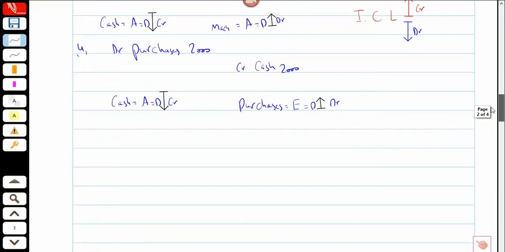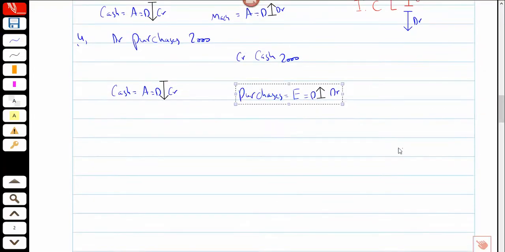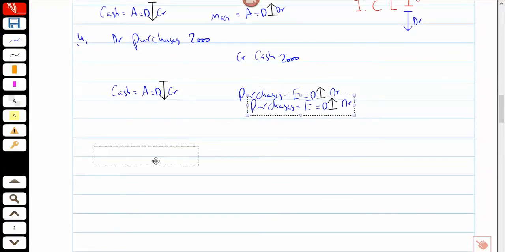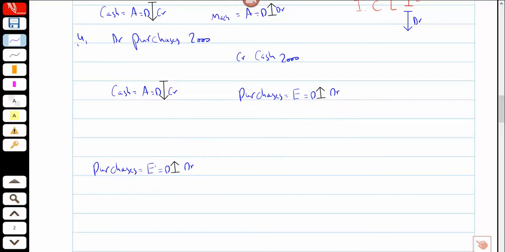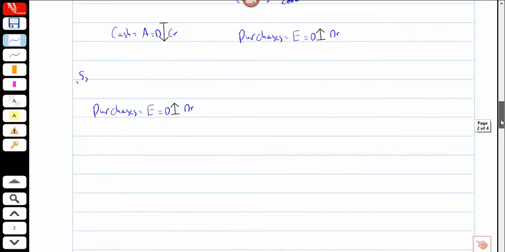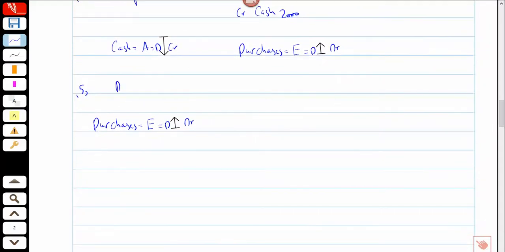So remember, the debit side of the transaction remains the same, whether you buy something on credit or on cash. So debit purchases. But the credit side changes.